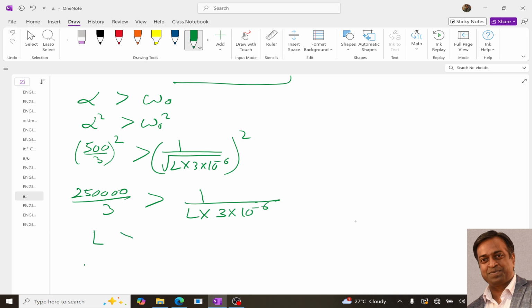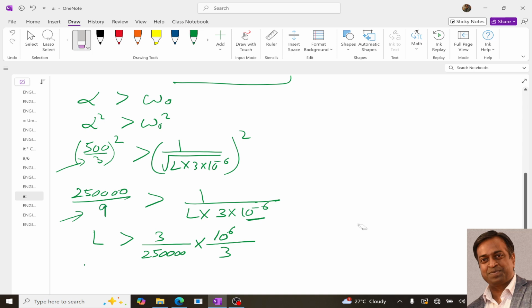So L is greater than 3 into 10 power minus 6 taken in the numerator, upon 3. Sorry, since it is 3 square, this will become 9, and over here also it will be 9.